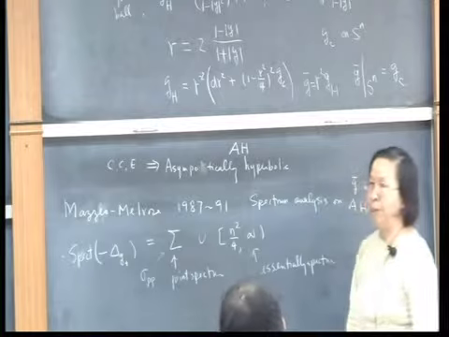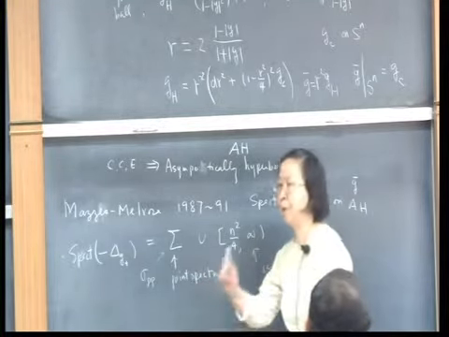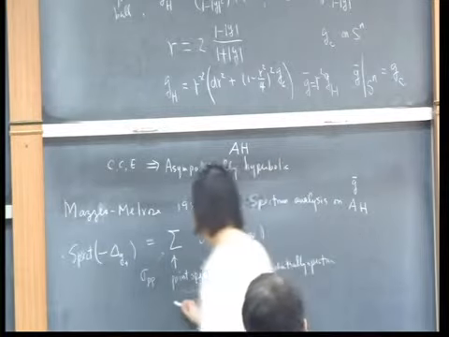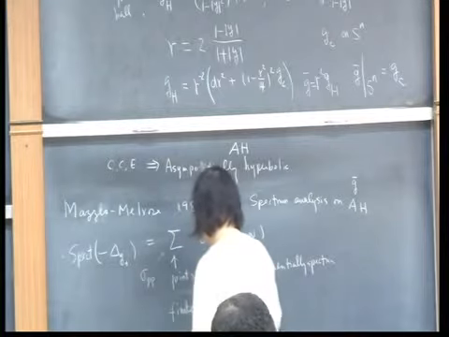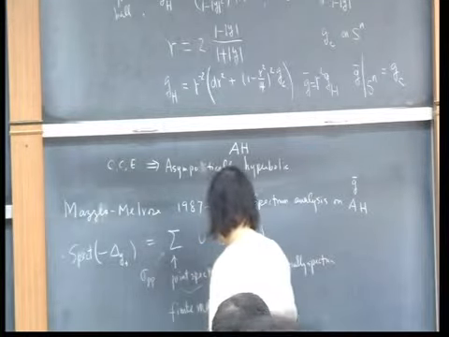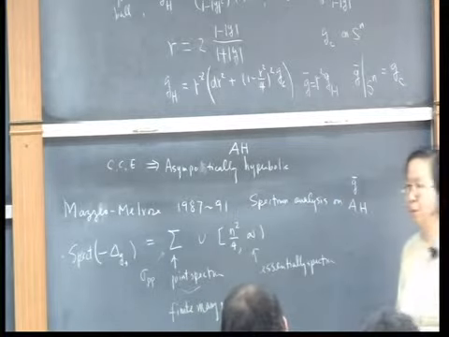And the point they want to make is that there are only finitely many point spectra. So finitely many points. All the others are continuous spectra.